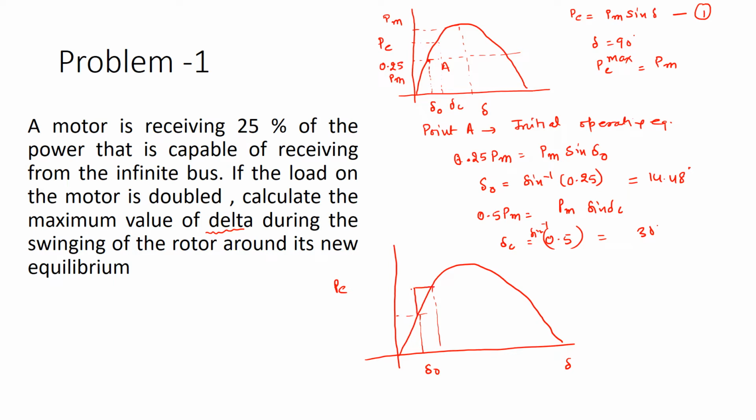Suppose the rotor swings up to delta m by doubling the load. If I am doubling the load, it is swinging like this.